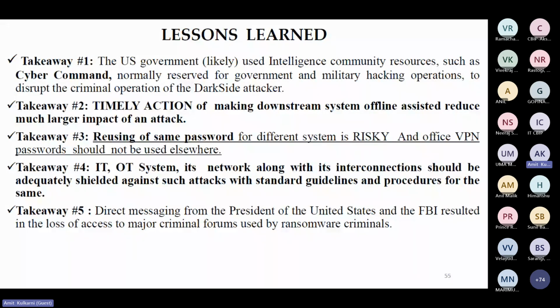They rather put out a message saying their intention was not to hit the US infrastructure but just to get money out of such attacks, and they disappeared. Though it is a different story that they reappeared under a different name, a very strong message was sent by the United States agencies and government acting together. So this is the story of the Colonial Pipeline cyber attack.